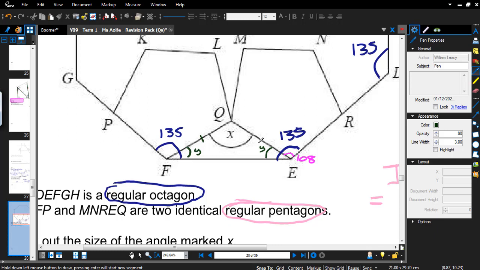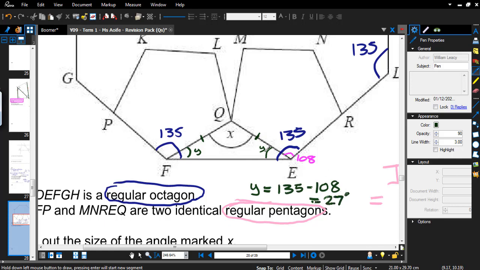So we know this is an isosceles triangle. So to get Y equals 135 minus 108, and that equals 27 degrees.